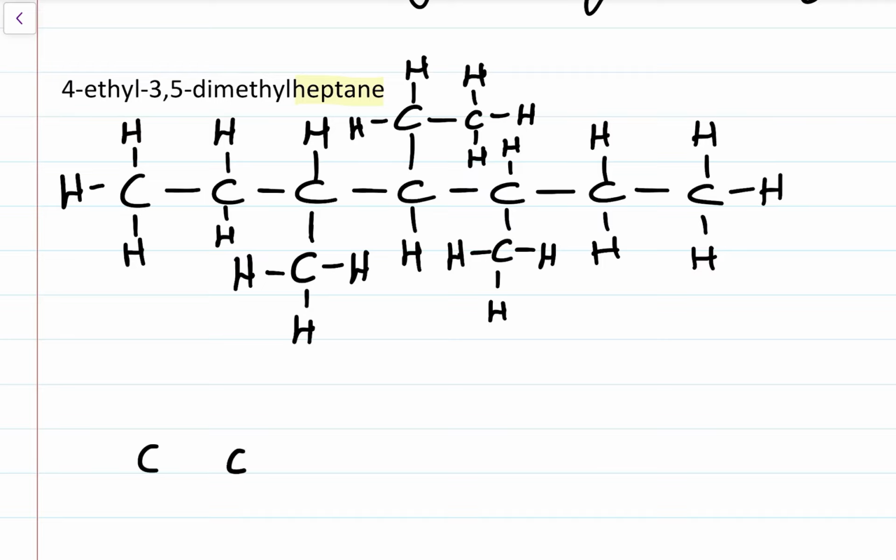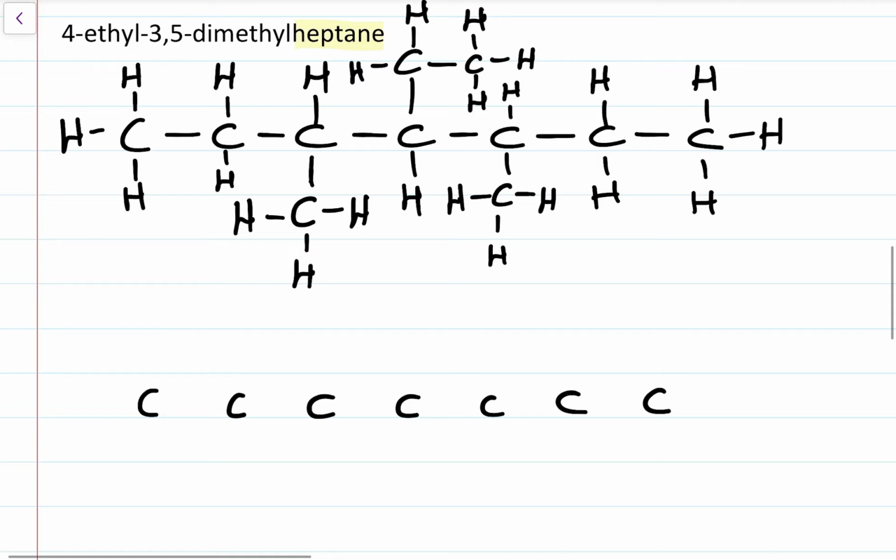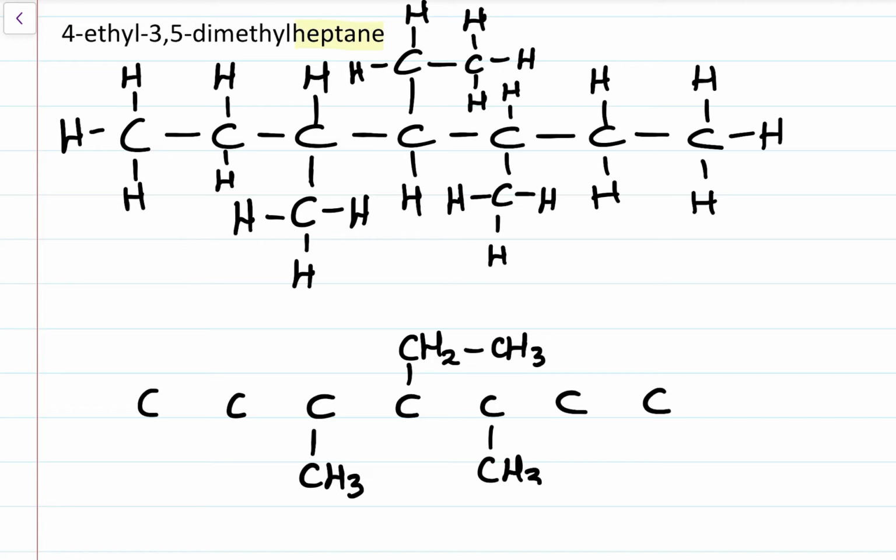1, 2, 3, 4, 5, 6, 7. Even though I didn't ask you to do this, it's good practice. Okay? And again, you can draw the methyls above or below. Doesn't matter. It's all just for kind of spacing things out. So here's condensed version. So we're going to need 1 hydrogen there.